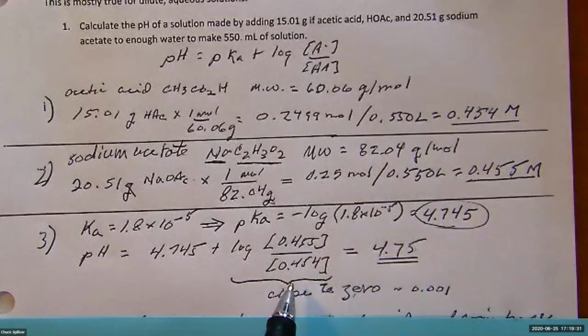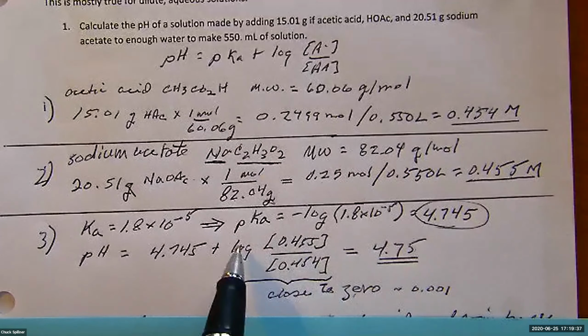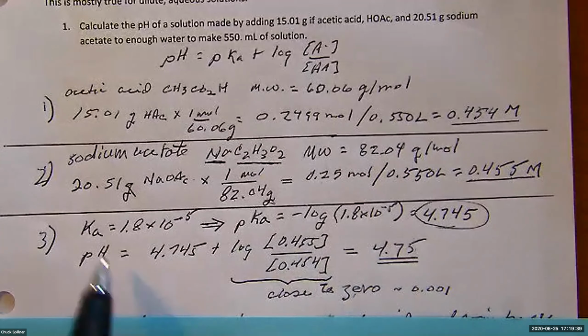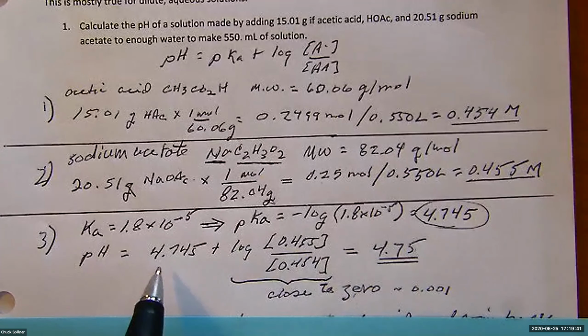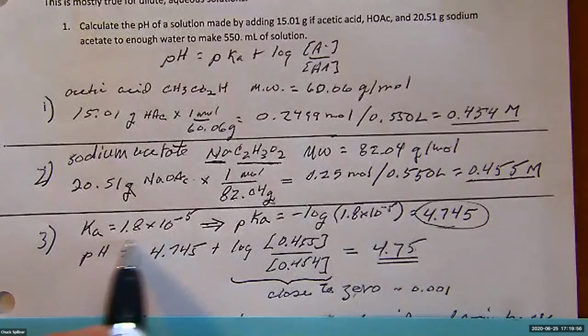So when you use equal concentrations of the acid and the conjugate base, if the concentrations are equal, this log of 1 disappears. So the pH equals the pKa. So previously, when I showed you the previous slides, you design a buffer for the pH based on what the pKa is of the acid, based on what the acid equilibrium constant is.